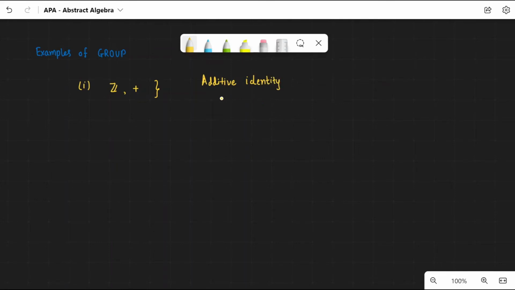And also there exists an additive inverse. We just saw how integers satisfy these four group conditions under addition. But can we say that integers under multiplication form a group? The answer is no.